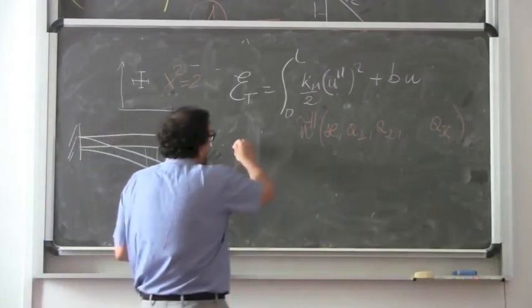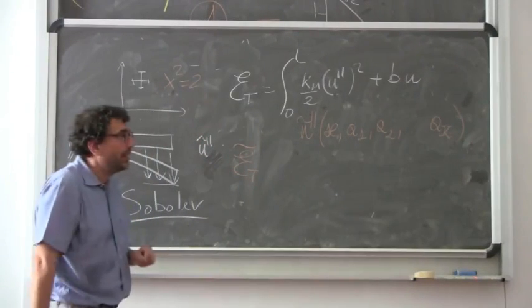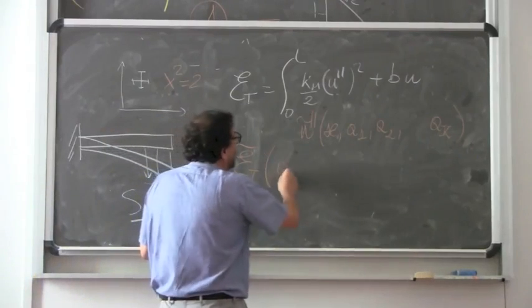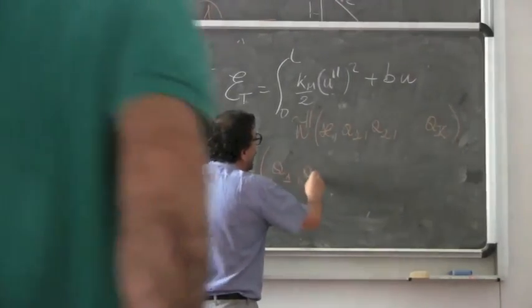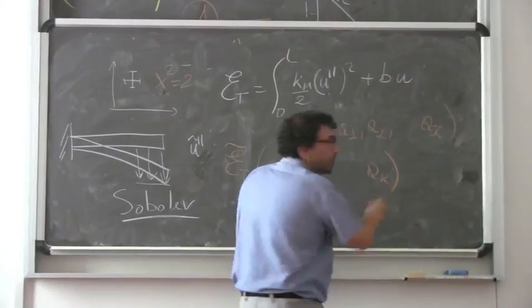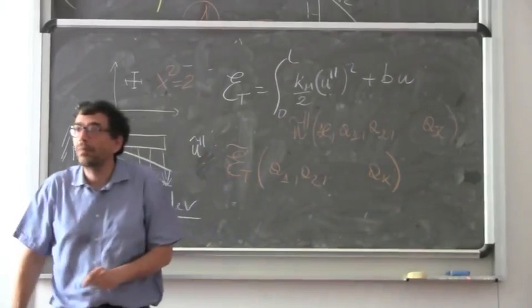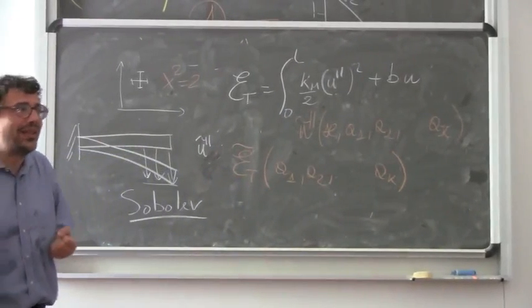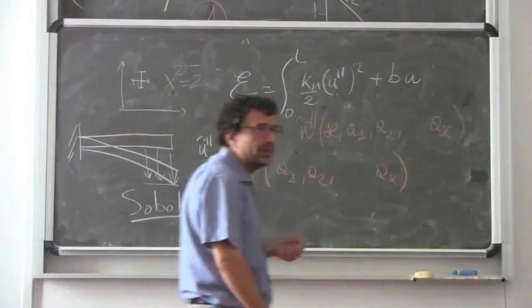So let's call it another way. Epsilon t tilde is a function of a1, a2, ak, which is an animal you can study more easily.